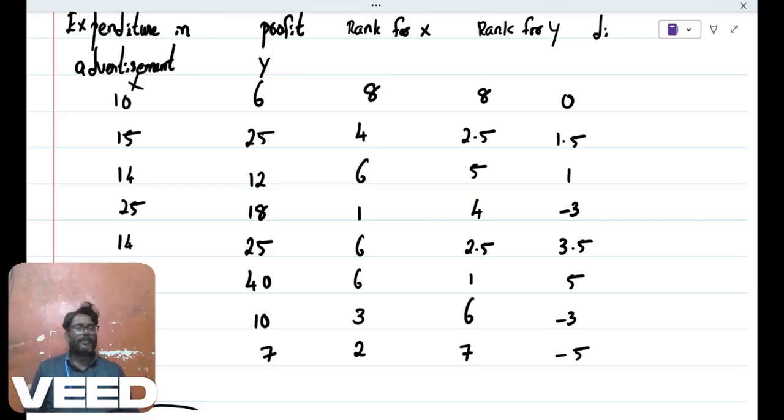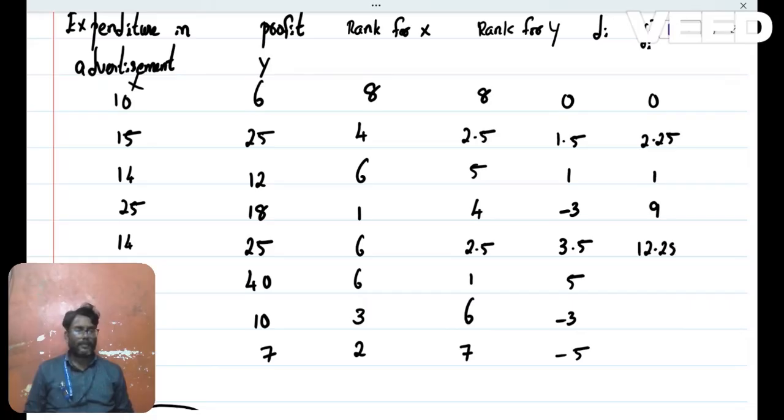So di square. 0 square is 0, 1.5 square is 2.25, 1, minus 3 square is 9, 3.5 square is 12.25, 5 square is 25, and 3 square is 9, and 5 square is 25, which totals 83.50.